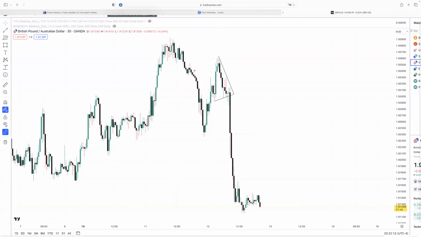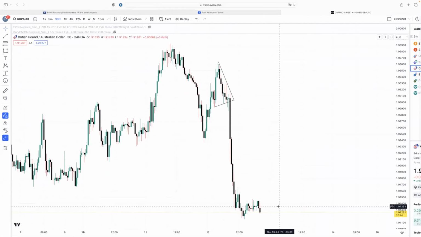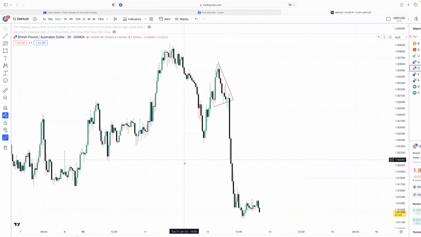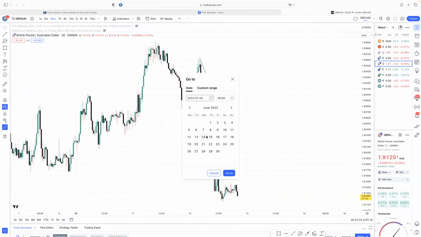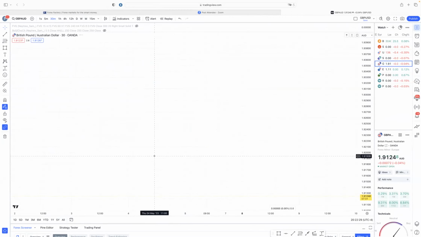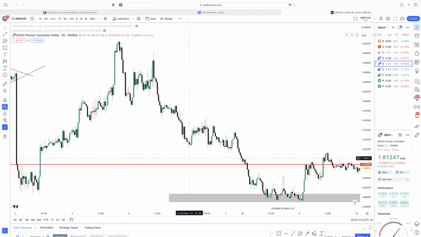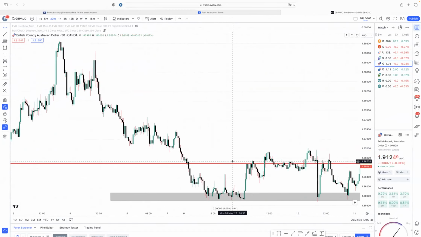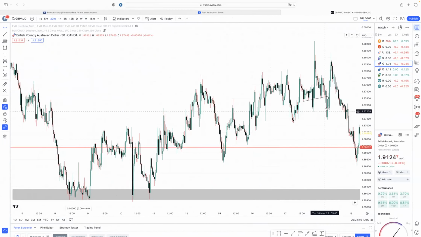So if I go to the chart and go to May 15th, I'm going to show you guys what I'm talking about. Sorry, hold on one second, let me adjust this. I've got to find it. May 10th, May 15th.